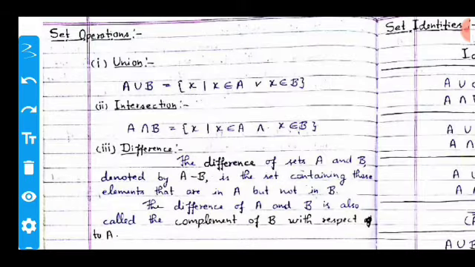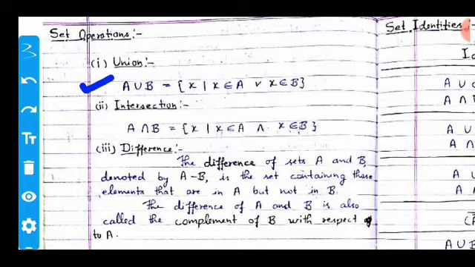Set operations are your union, intersection, difference, and others are included. So a union is a collection of all types of elements used in sets A, B, and so on.